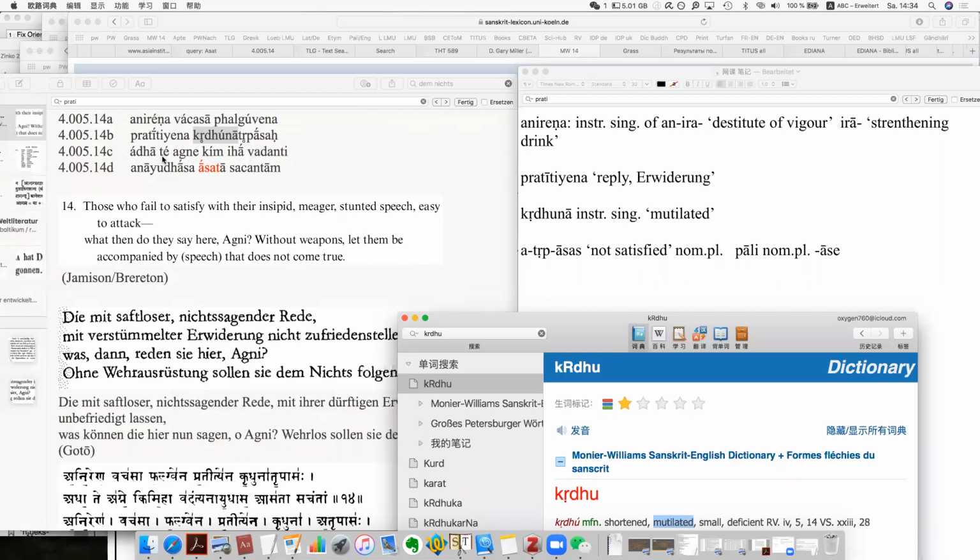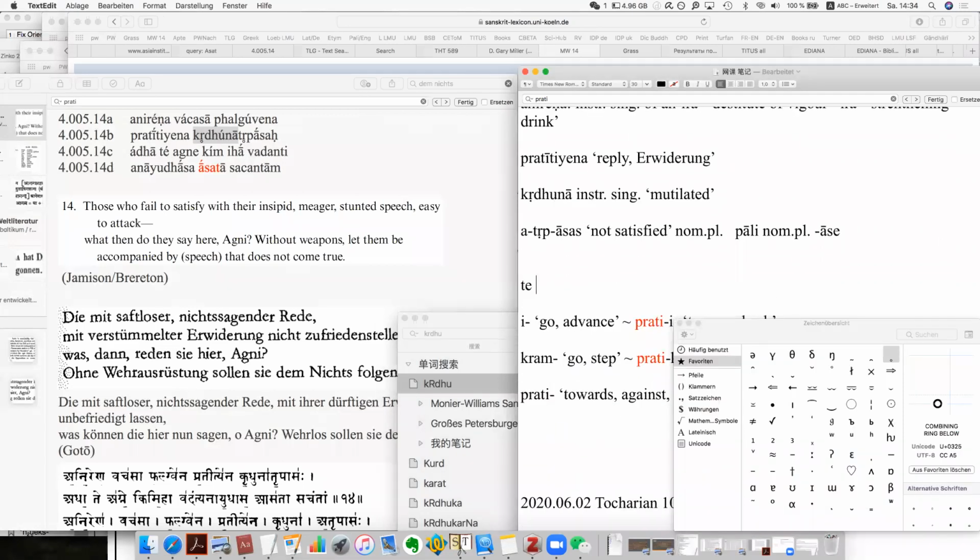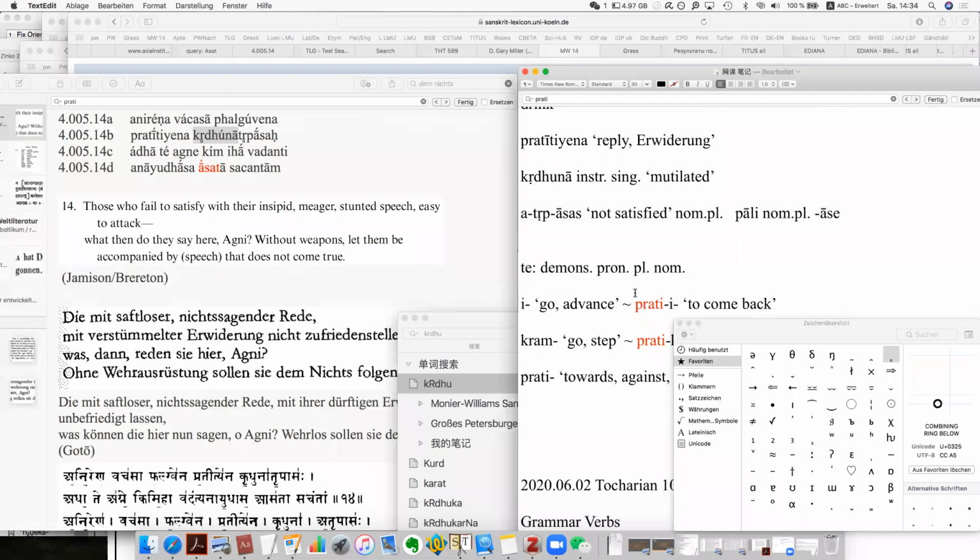Te is a pronoun, plural, nominative. It is a demonstrative pronoun, also in third person. So here, they, Agni, what?